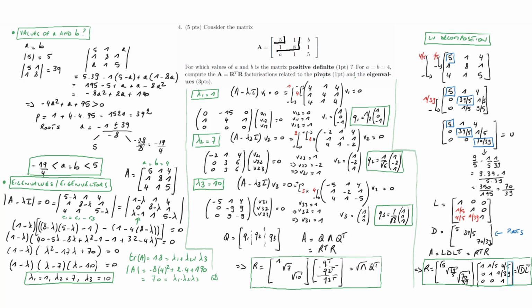So it has to be in between the roots. For instance, 0 is in between the roots, and if you plug in 0, you see that it's positive. So A equals B, smaller than 5 and larger than minus 19 over 4. And you see that A is equal to B is equal to 4 meets this condition. So if you take the matrix A and replace A and B by 4, this is what you obtain.